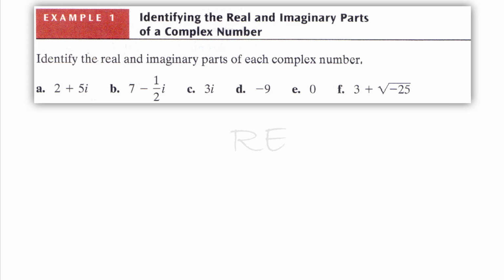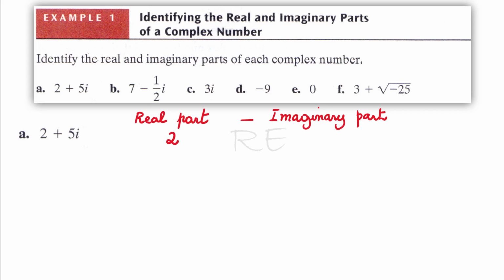Identify the real and imaginary parts of each complex number. 2 plus 5i. The real part is 2, and the imaginary part is the coefficient of i, which is 5. 7 minus half of i.